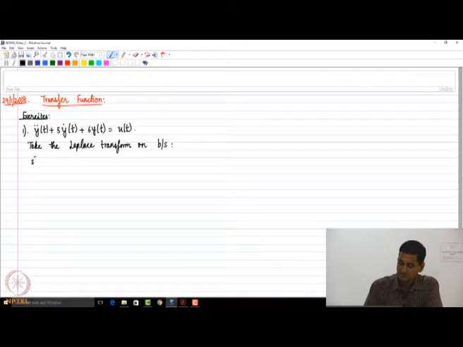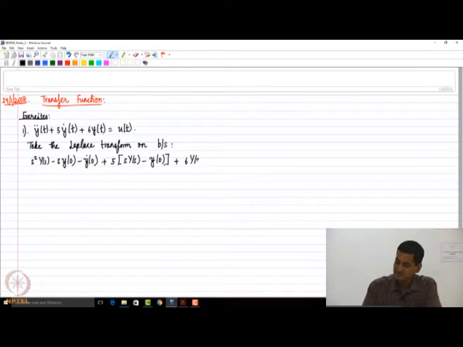The Laplace transform of y double dot becomes s squared y of s minus s times y0 minus y dot 0, plus the Laplace transform of y dot, which is s times y of s minus y0, plus 6 times y of s, and that's going to be equal to u of s.